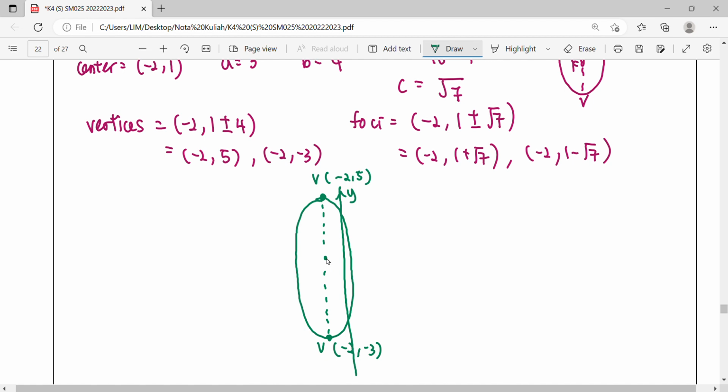The y coordinate is 1, so your x-axis is below.